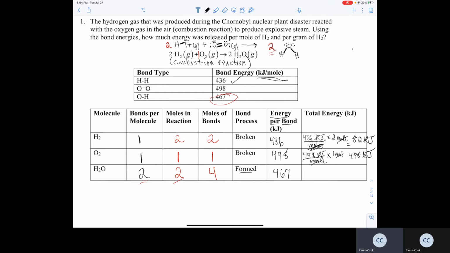And then finally for the water, bonds are being formed. 467 kilojoules per mole times 4 moles, and that is 1868.